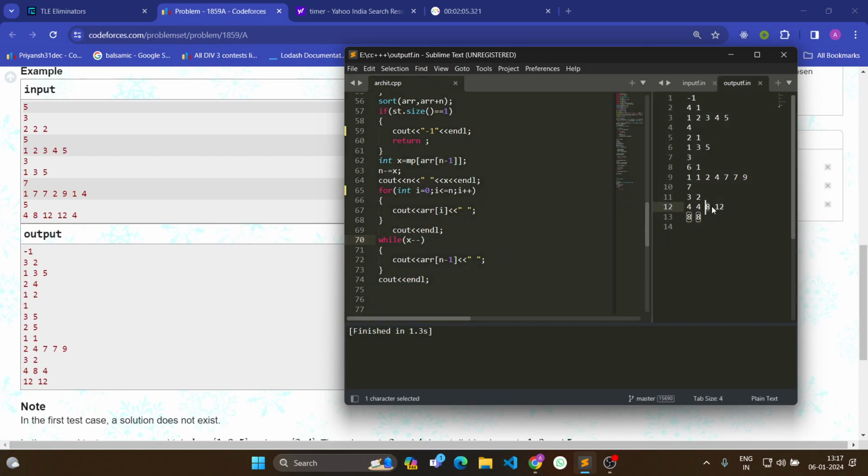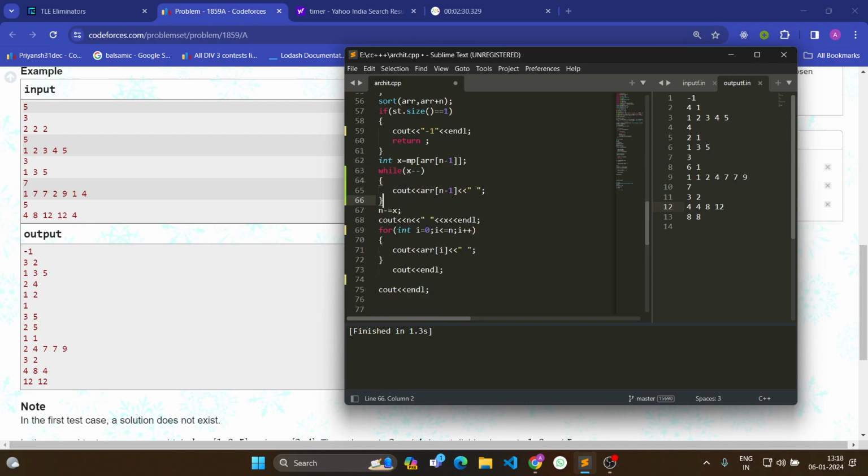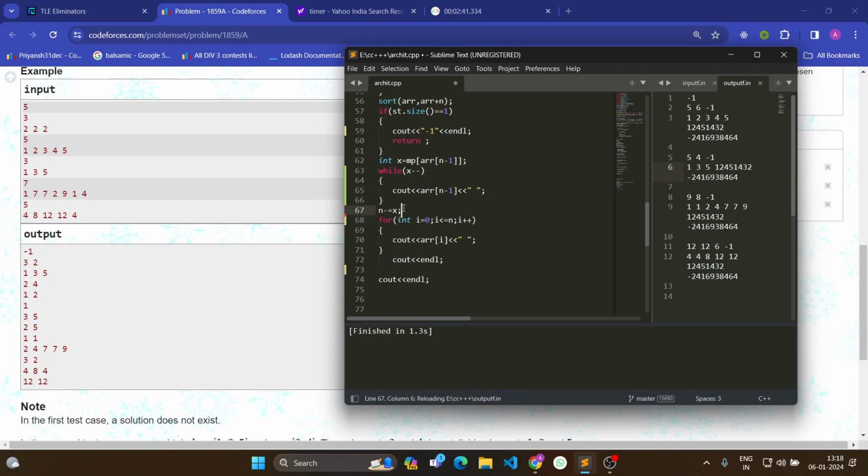So yeah, I was missing one of the points, and now let's see. So okay, this 8 should come here. Okay, so I subtract 1 and then. Oh, got the point. Okay, this is useless for some reason.